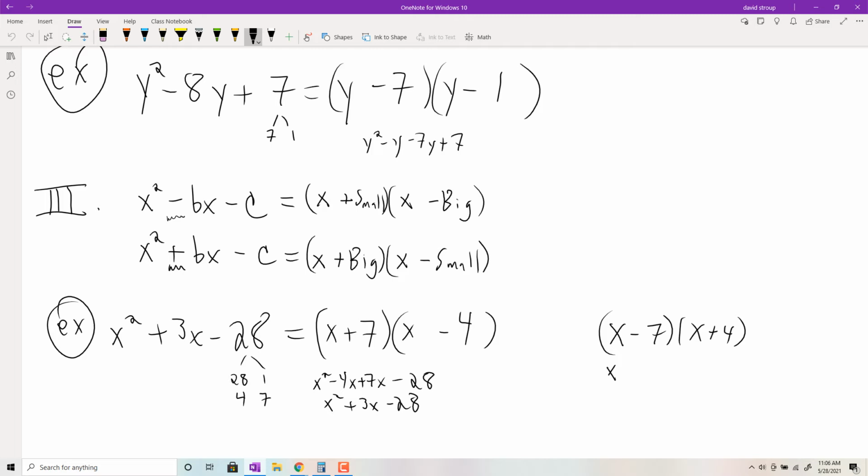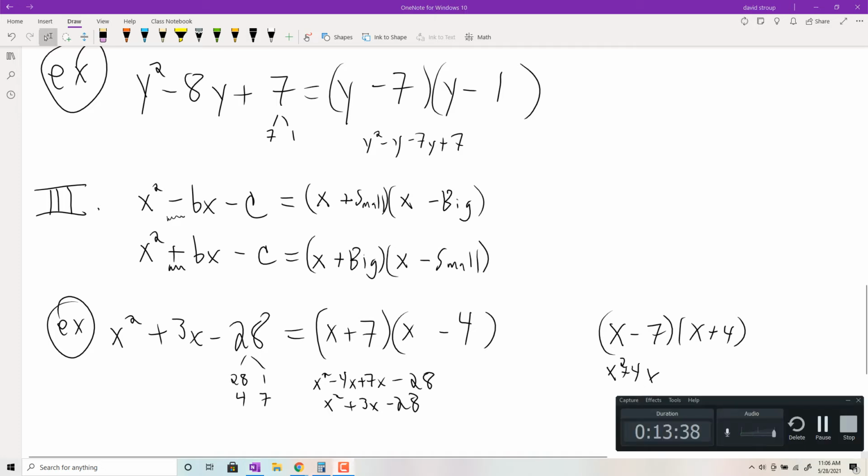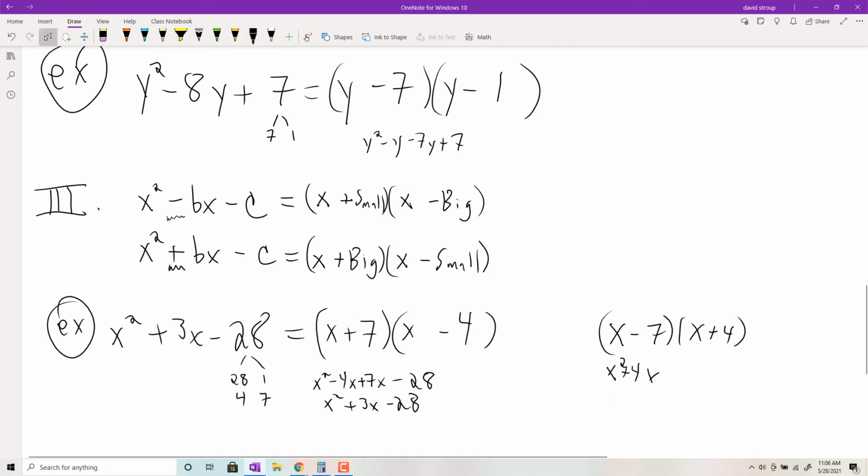If you set it up first as x minus 7, x plus 4: first, x squared; outer, 4x; inner, minus 7x; and last, minus 28. If you combine like terms here, you see x squared minus 3x minus 28.